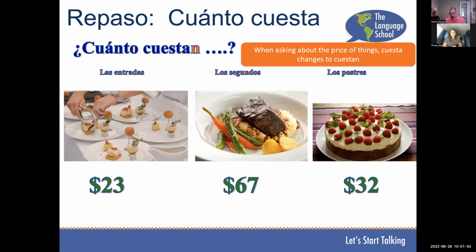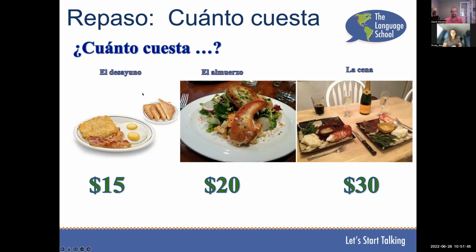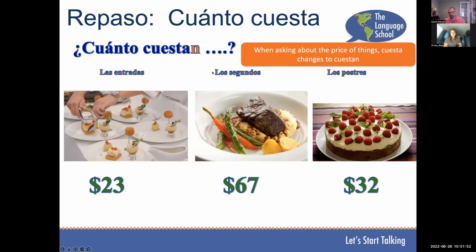Now, notice here, we're asking about just one thing. How much does breakfast cost, right? That's singular. So we say cuánto cuesta. Here in the plural form, if we're asking about multiple things, so if we're asking about the appetizers, we change cuesta to cuestan. ¿Cuánto cuestan las entradas?